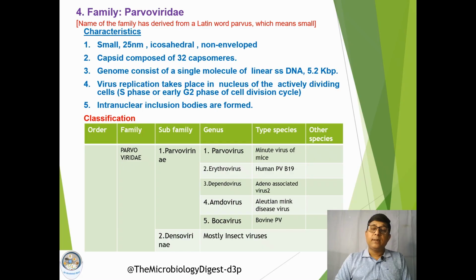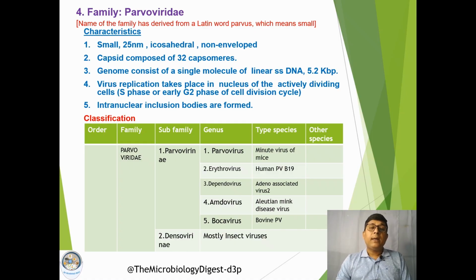The parvovirus is one of the examples. It is a very small virus, icosahedral, and non-enveloped. 32 capsomeres are required to make the capsid. The DNA is a single linear molecule and the size is 5.2 kilobase. They are also capable of producing intranuclear inclusion bodies.